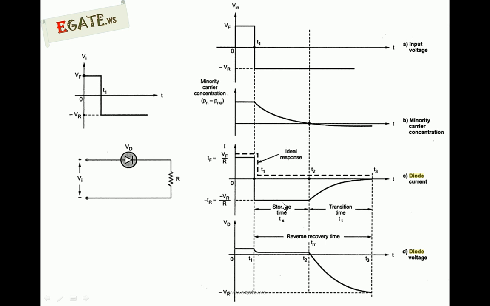The value of this current during this storage time, that is the time required to remove the minority carrier charge, can be calculated using the equation minus Vr by R. This is very, very important: minus Vr by R. So storage time is the time required to remove the excess minority carrier charge, and after that it comes into the open circuit condition.